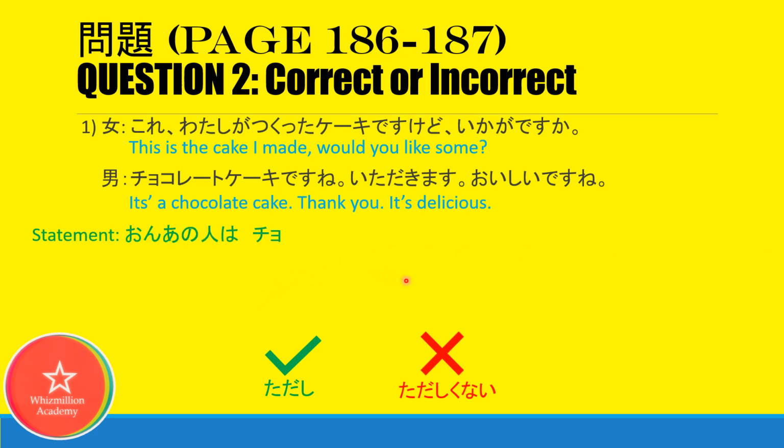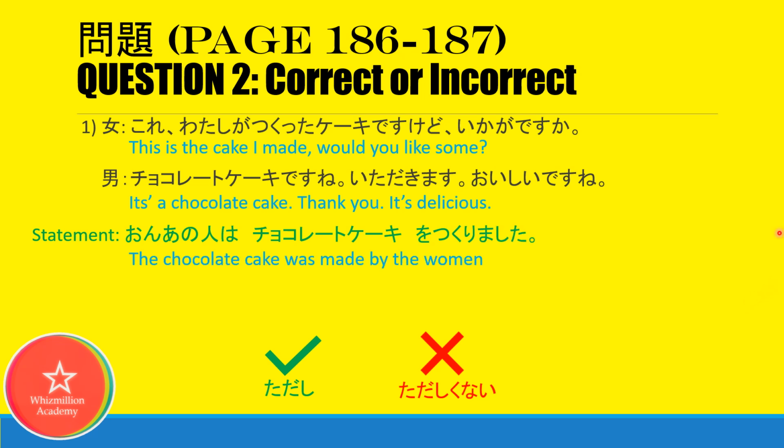The statement is 女の人はチョコレートケーキを作りました。The chocolate cake was made by the woman. So the answer is tadashi or tadashikunai. The answer is tadashi.